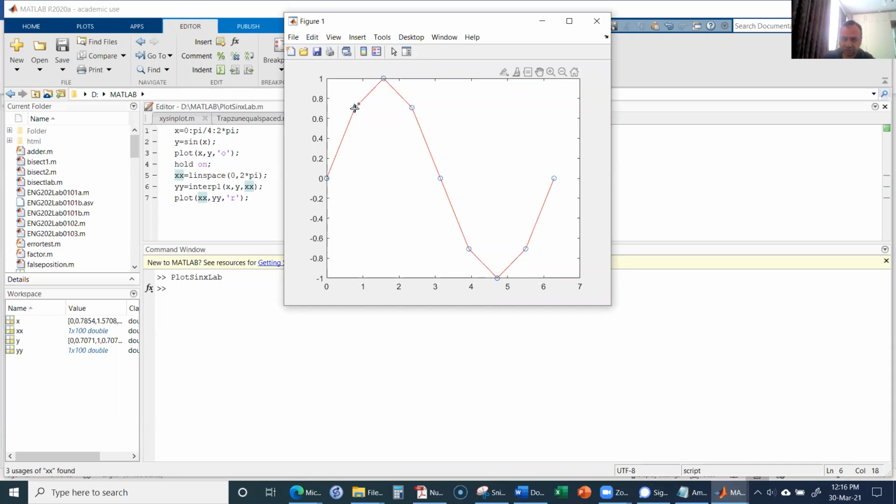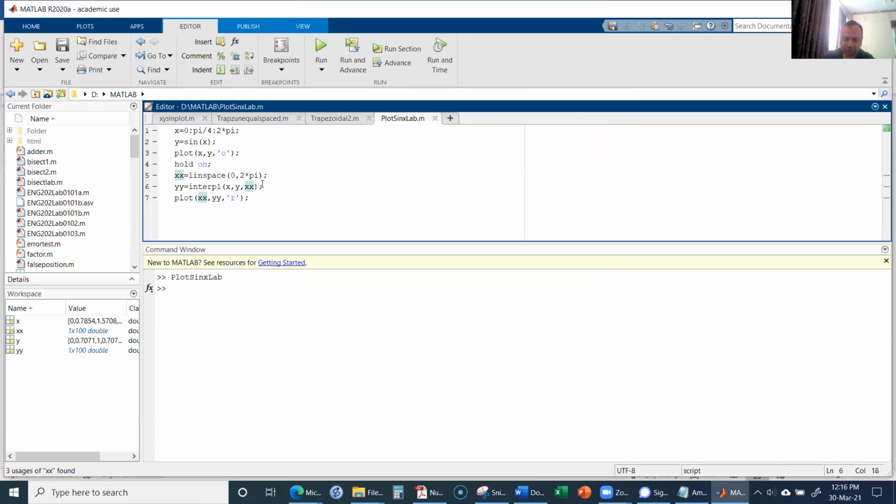So that's why it has simply linearly interpolated these points. If I want a non-linear interpolation such as spline, I will input a parameter in inverted commas as spline. In this case, the program will apply the spline interpolation.